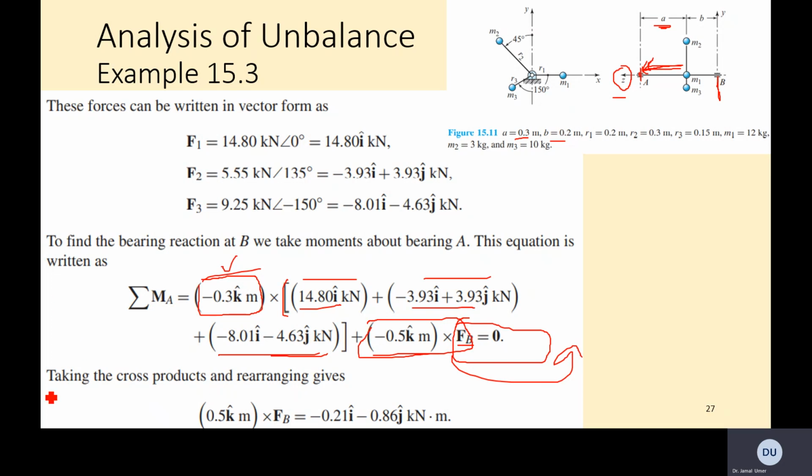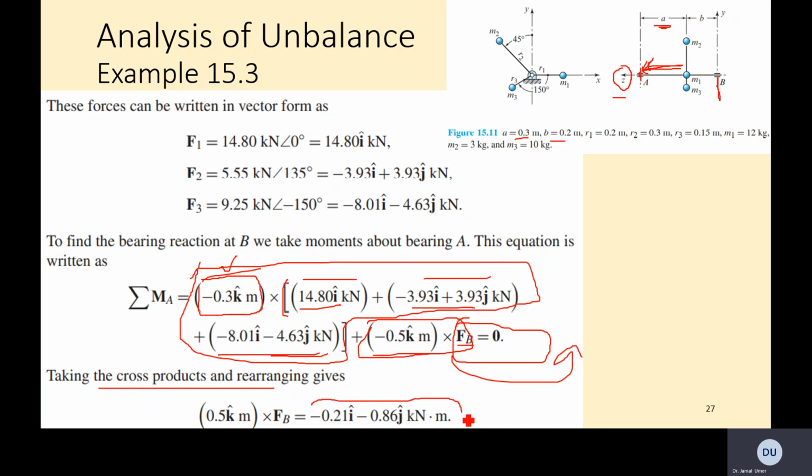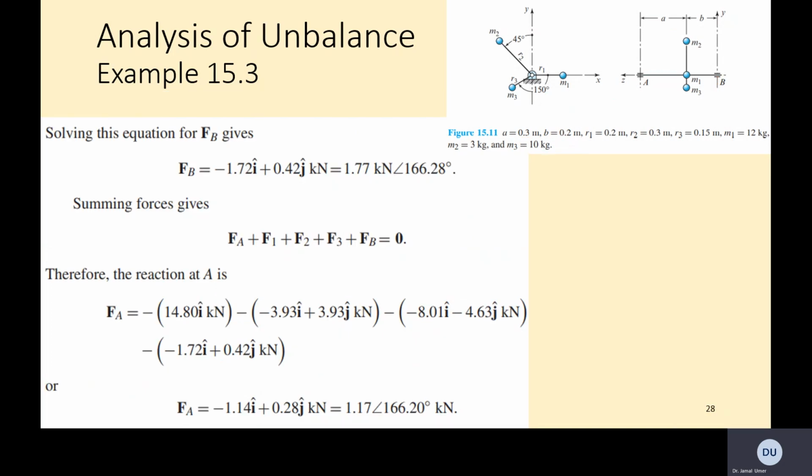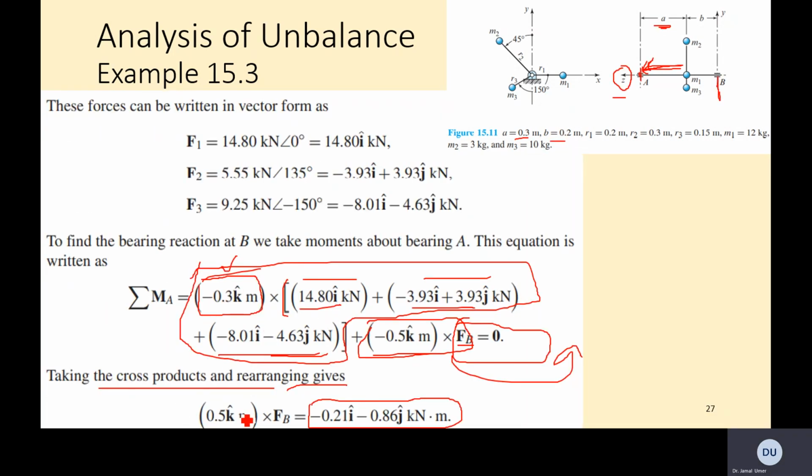So you see, he has done it here. In taking the cross product and rearranging, the solution of all these components is this one, right? So we are just left with 0.5 k and FB. You bring this one to the other side, so instead of minus 0.5, you are left with positive 0.5 k. Now how to solve this equation is basically like backhand calculation.